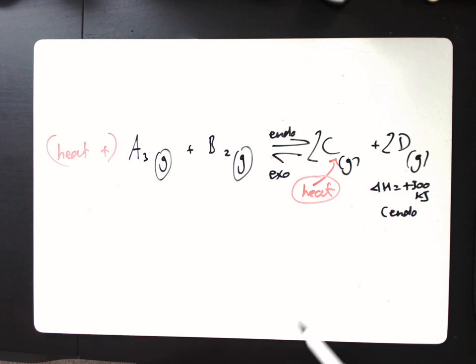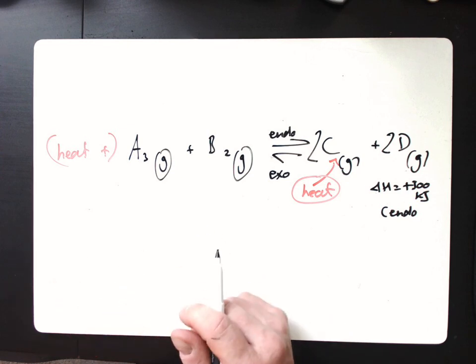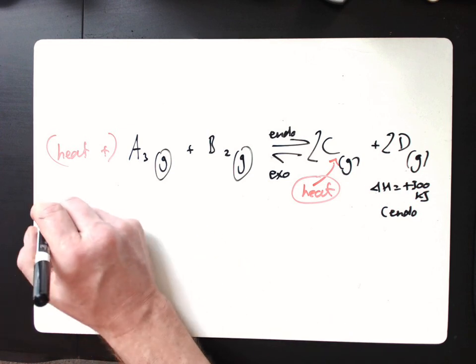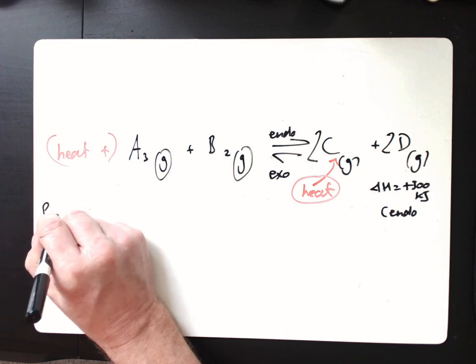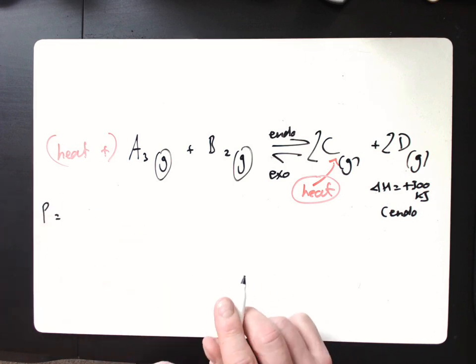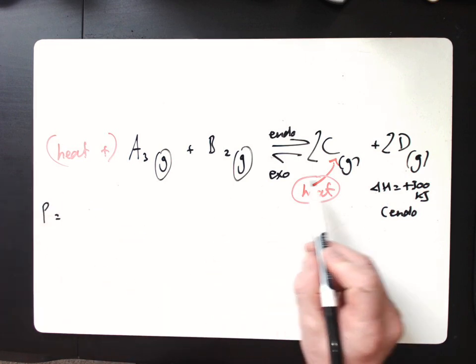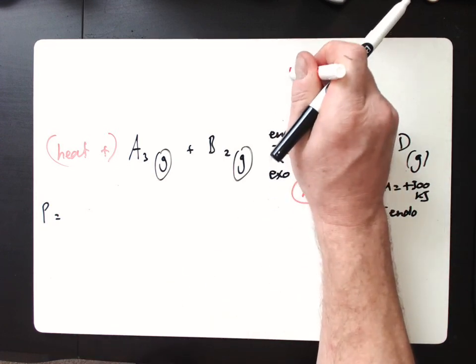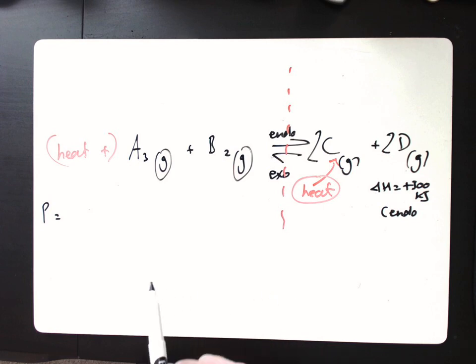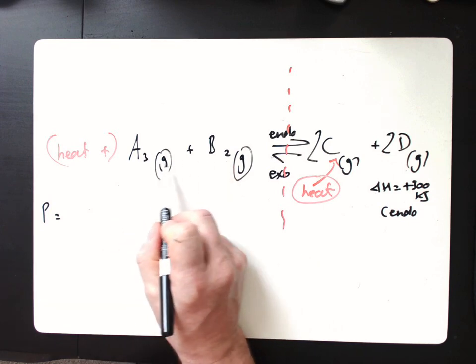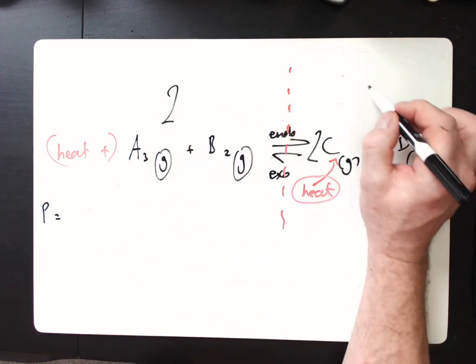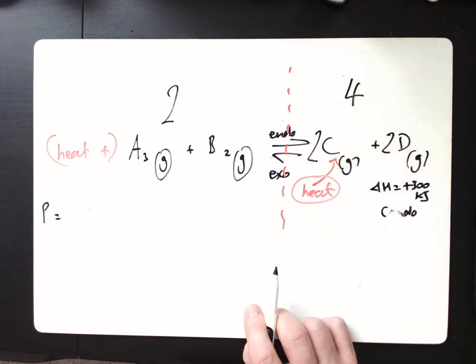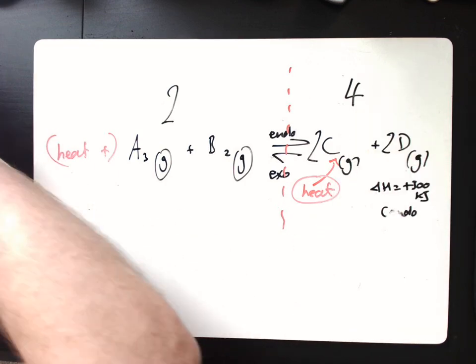Okay, so let's see what the best conditions would be to run this process at. Let's deal with pressure first. Would we run it at a high pressure or a low pressure? Well, the first thing we do is check everything's gases, which they are, and then we split our equation down the middle, and we count moles on the left. Remember, we ignore these numbers here, so that's 2 moles on one side, 4 moles on the other. We go back to our rule from earlier.